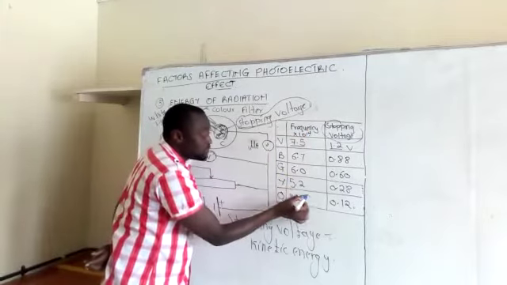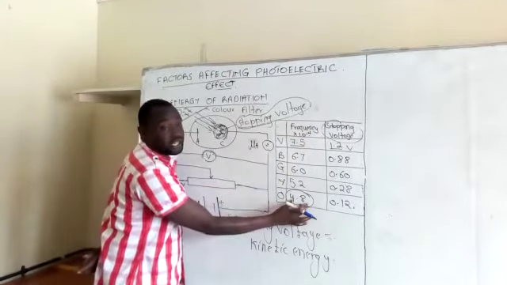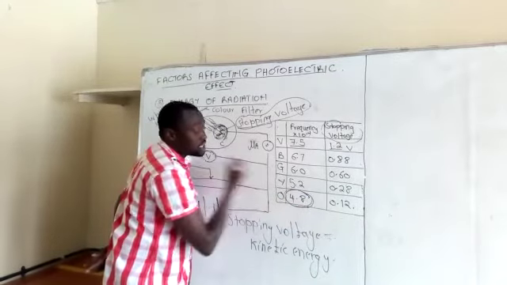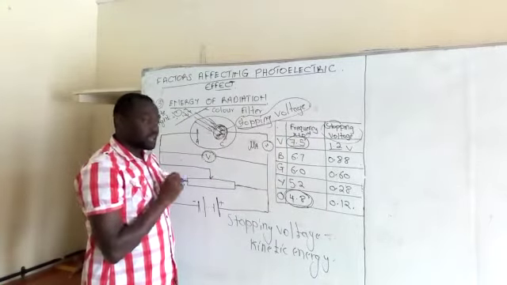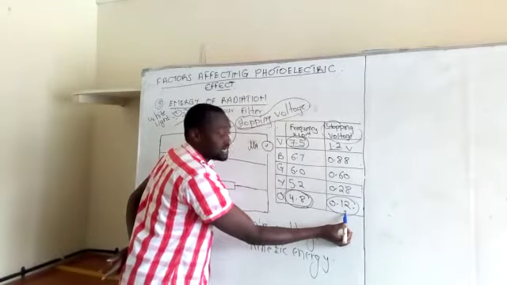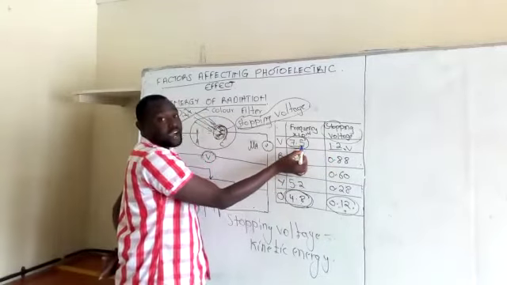What about when we use orange light? It is 4.8 times 10 to power 14. You notice that 4.8 is less than 7.5. And you can see again, its stopping voltage is less than the stopping voltage of violet.